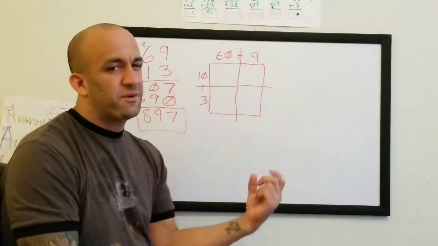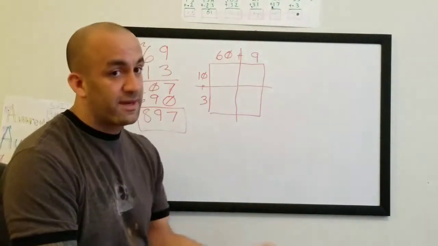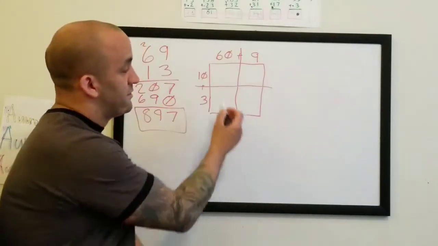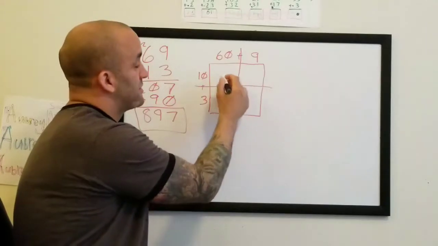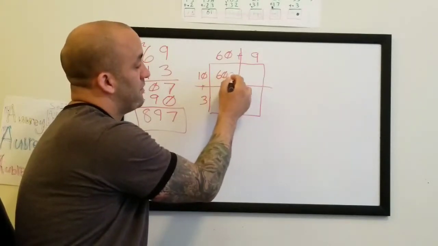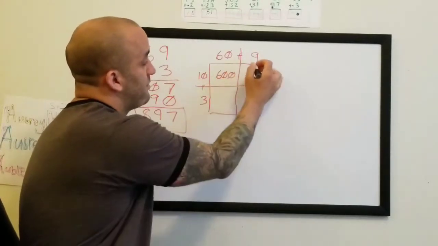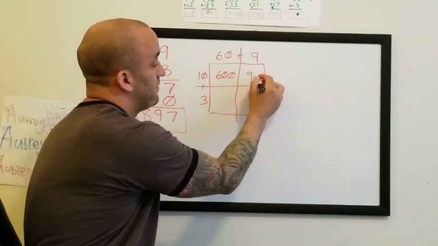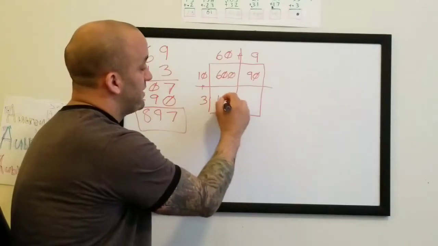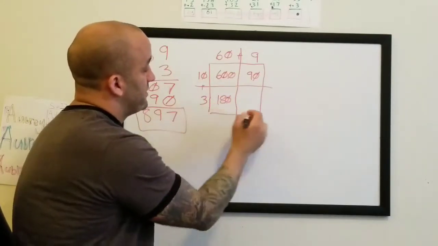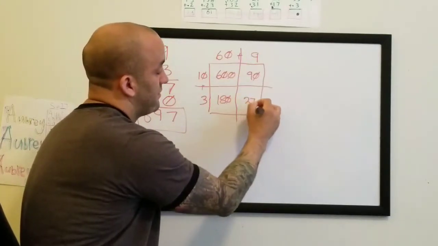What we're going to do is multiply these things through and add. For this box, we multiply the 10 times the 60, which gives us 600. We multiply the 10 by the 9, which gives us 90. We do the same thing down here: 3 times 60 is 180, and 3 times 9 is 27.